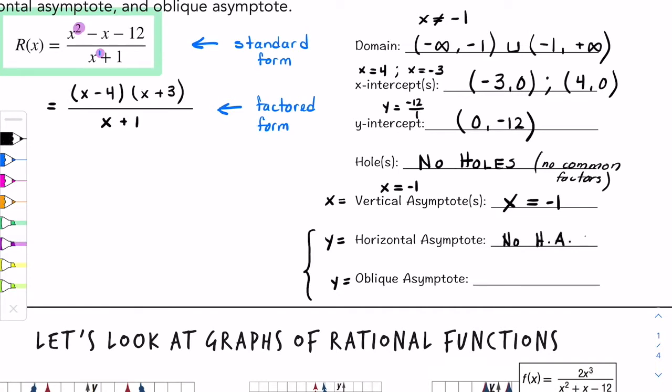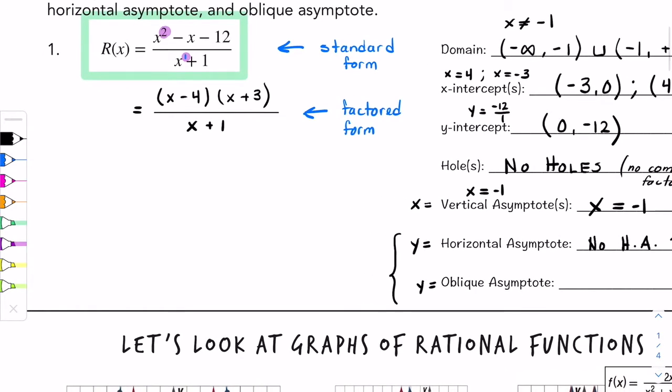And if you have no horizontal asymptote, for the problems that we're doing, that indicates we're going to have an oblique asymptote. Oblique asymptotes occur when the denominator degree is 1 less than the numerator. Only 1 less. When you find the oblique asymptote, you use your standard form equation.